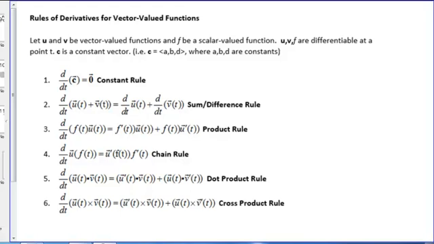The derivative of u dot v is the derivative of u dot v plus u dot the derivative of v. And then we have the cross product rule, where the derivative of u cross v equals the derivative of u cross v plus u cross the derivative of v.